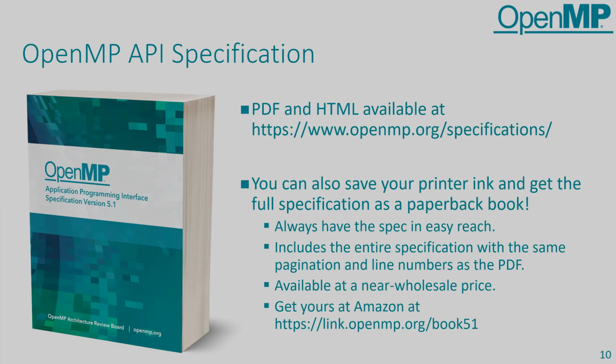And with, I think it was OpenMP 4, we also started publishing the OpenMP specification as an HTML document, which greatly simplifies referring to it from the internet. So the PDF is still kind of the ground truth of the OpenMP specification, but the HTML makes it more accessible. And then about 5 years ago, we also started publishing the OpenMP specification as a book.